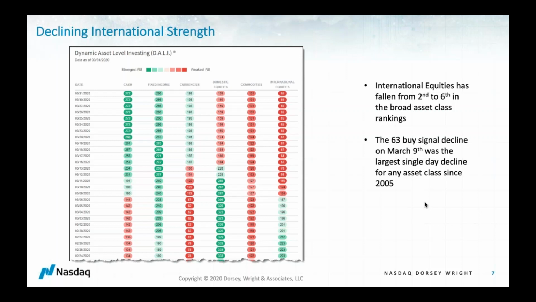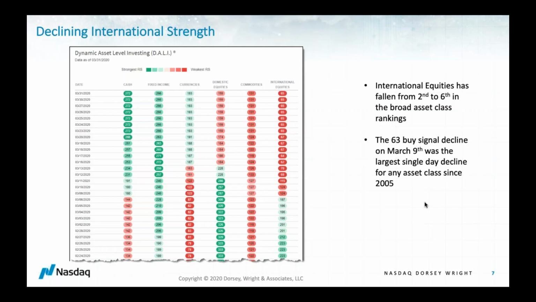So even though domestic equities had maintained that #1 position for the vast majority of the past 10 years, the international equities asset class had been pretty close behind it throughout much of that time frame. But we've seen that relative strength shift a little bit over the past few weeks on the back of this global concern around the coronavirus, which has led the international equities asset class to fall significantly in our DALI rankings.